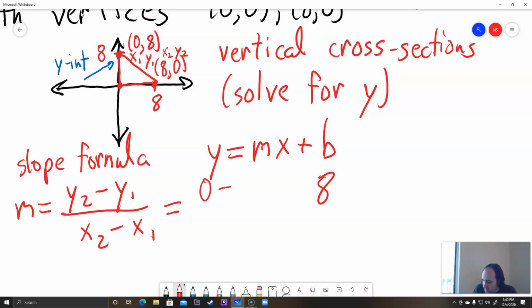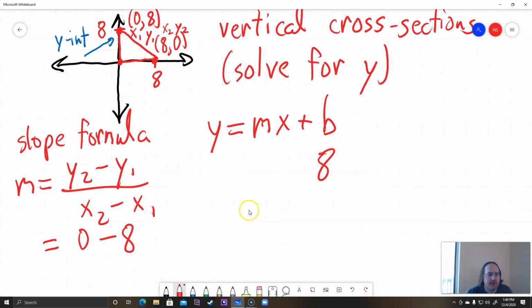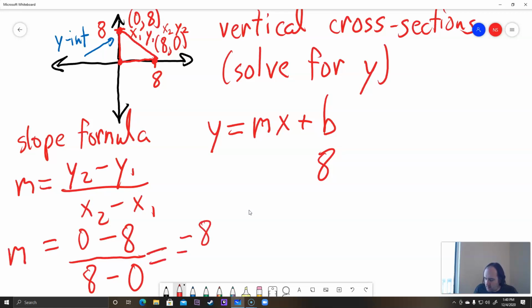So what we got here is 0 minus 8 divided by, sorry, let me write it down here. We've got 0 minus 8 on the top. That's y2 minus y1 divided by x2 minus x1, so that's going to be 8 minus 0. So the slope m is actually going to equal negative 8 over positive 8, which is negative 1.